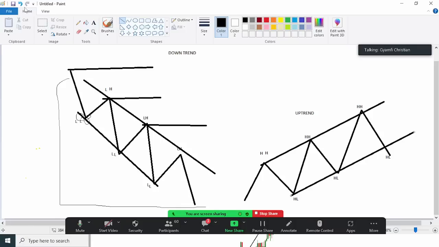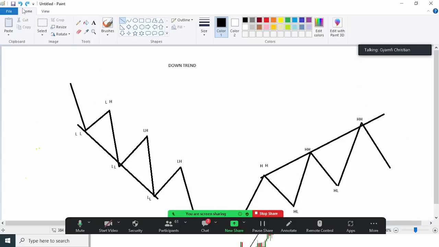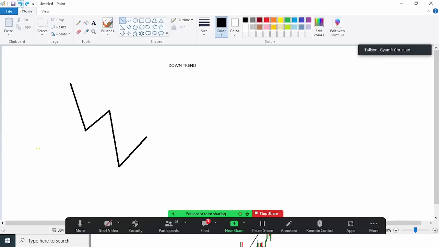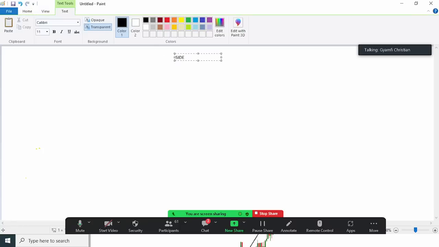Now let's consider the last trend that we have, which is known as the sideways market. It's either the sideways or ranging market. Okay, so who can also explain to us what a sideways market is?